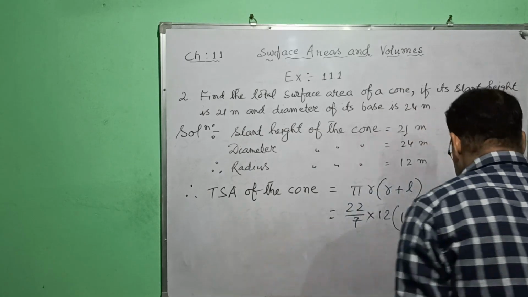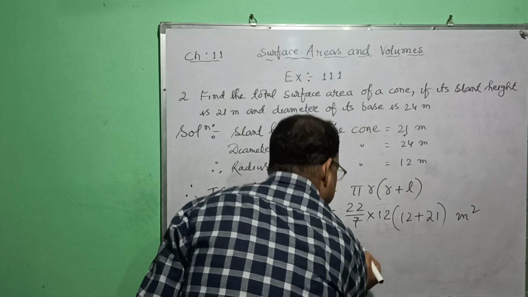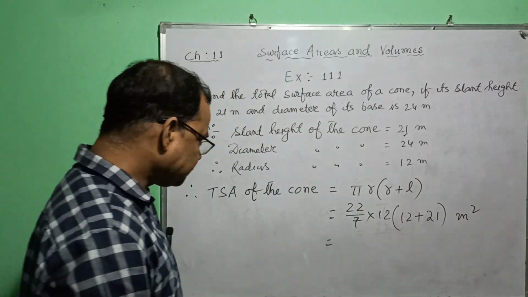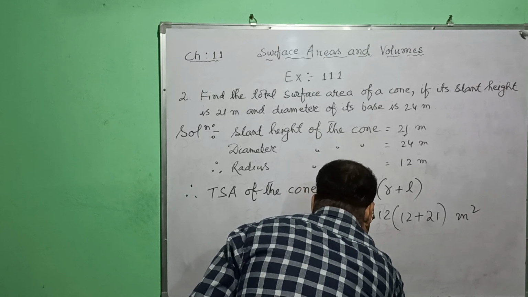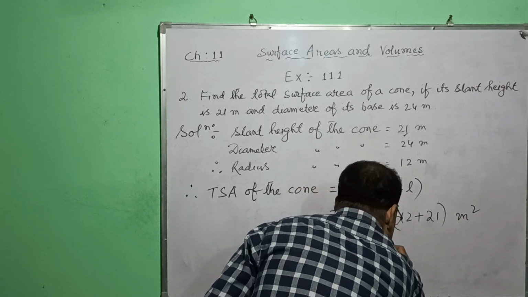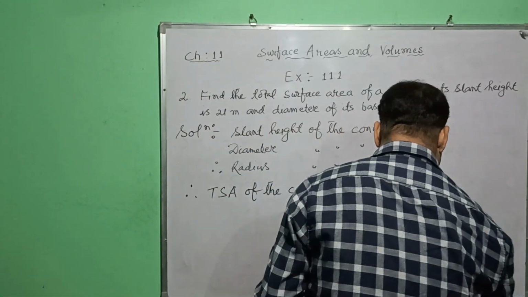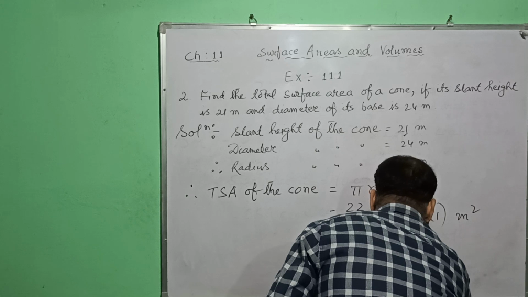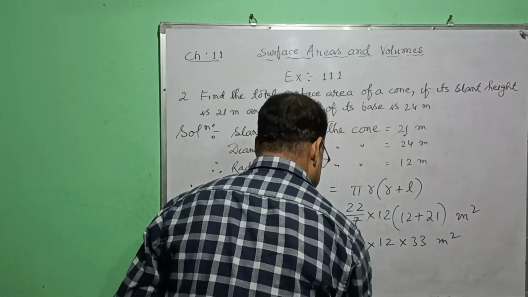As it is area, so we'll write meter square equal. Now here it is not divisible, so we'll add 12 plus 21 equal to 33. So into 33 meter square.